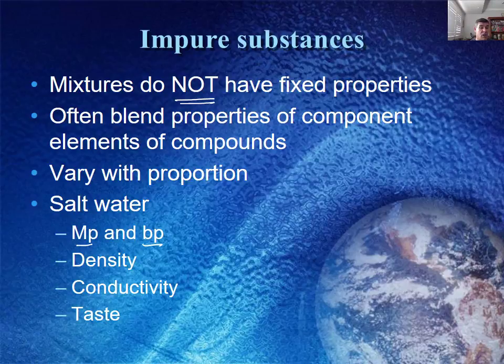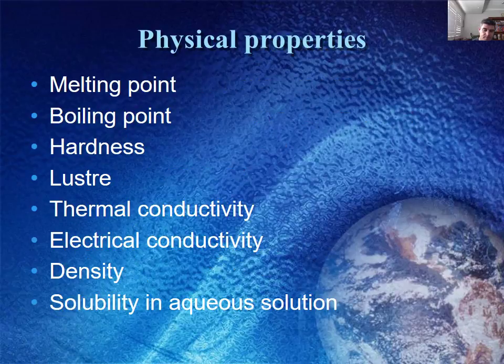It's also going to change its density. Its ability to conduct is going to vary with the ion concentration. So it's actually going to become more conductive as it has more ions. And even taste is something that can change depending on how salty the water is. You can actually taste the difference.